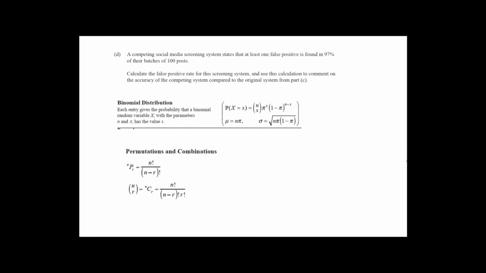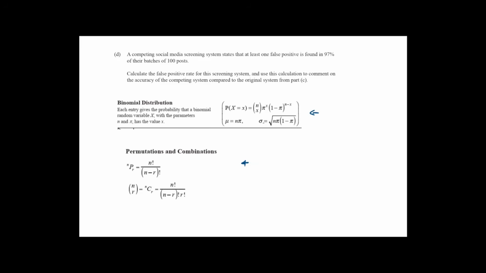You either kind of know this or you don't, but you can use your tables to get the first bit anyway. So these are from the formula tables. Again, it really behooves you to know what's in these formula tables for the exam. Without them, you're going to be pretty stuck.